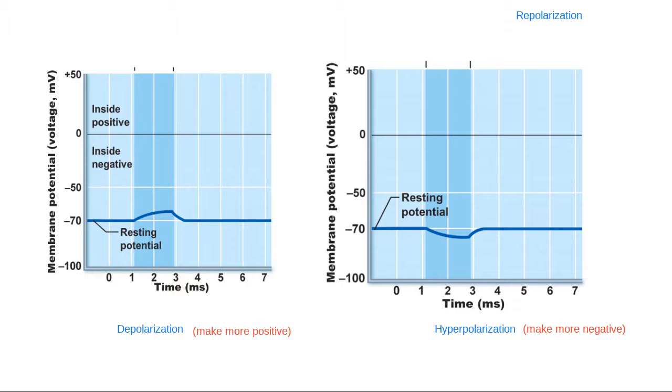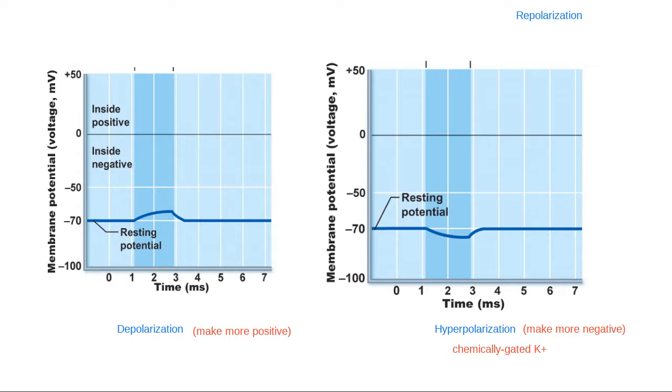When we were talking about the effects that ions can have on membrane charge, we did say that chemically gated ion channels for potassium, chemically gated potassium channels, made the membrane charge more negative. So when we're thinking about who can do hyperpolarization, chemically gated potassium channels would be something that could be used to hyperpolarize the membrane.